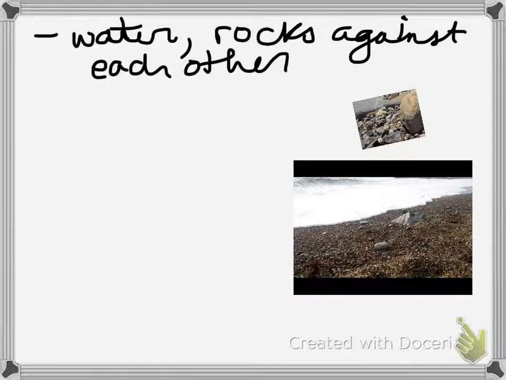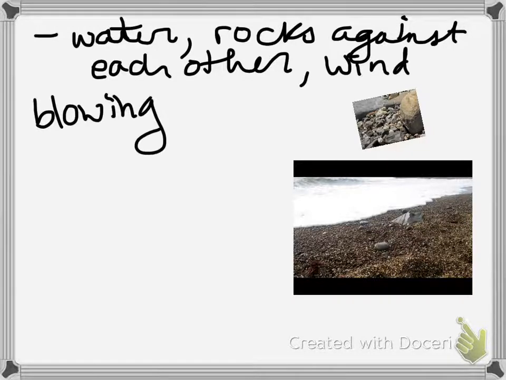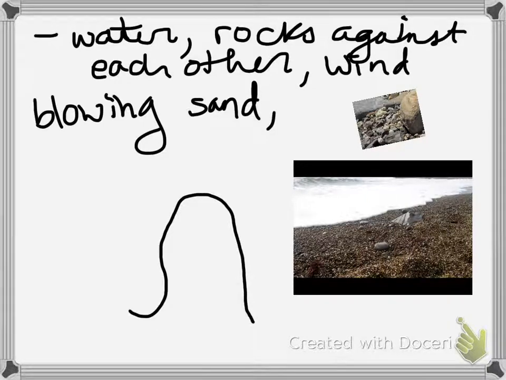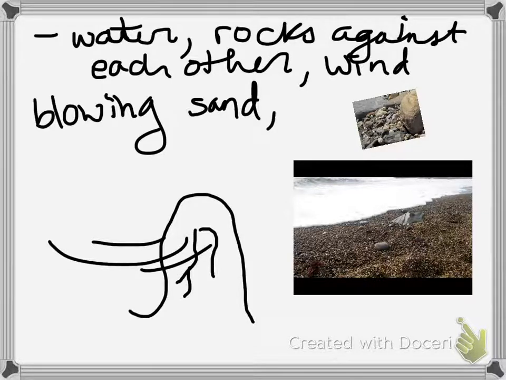Another example would be the wind blowing sand. Say you have a big rock out in the desert and you have wind coming at it, and it's carrying some sand with it. You get really cool formations, like maybe in Utah.